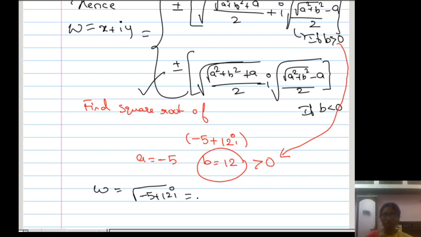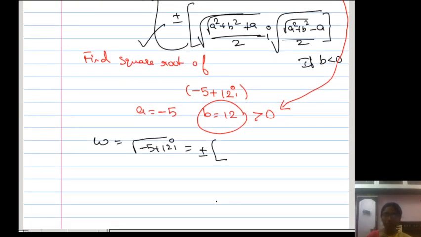Then apply the formula here, plus or minus. What is the formula here? Total under root a square plus b square means 25 plus 144.